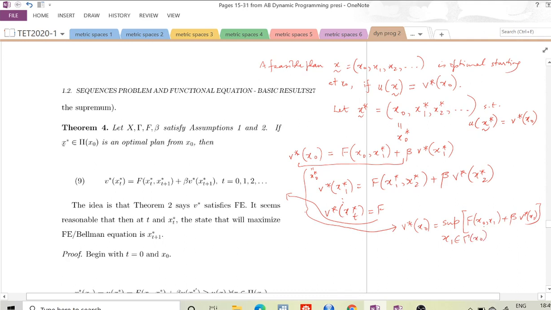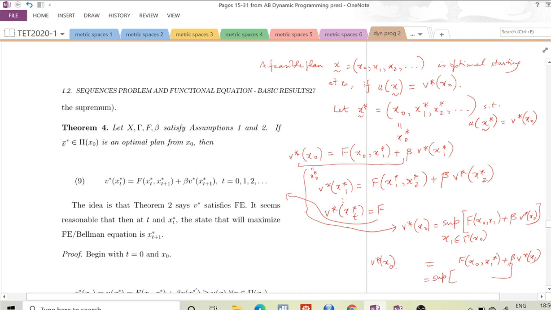So now we are saying that this is satisfied over all feasible x1. What if I pluck my x1 out of an optimal plan? So I set this equal to x1 star. Then this will actually attain the sup.